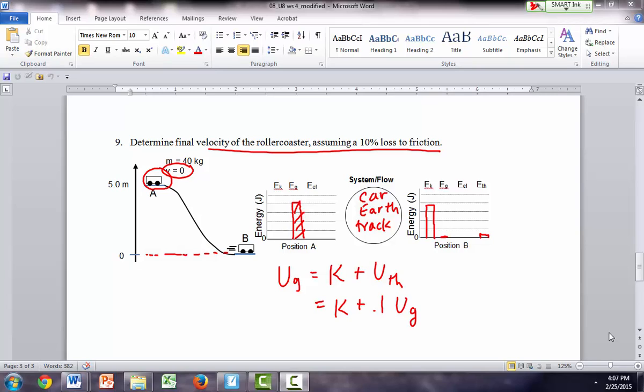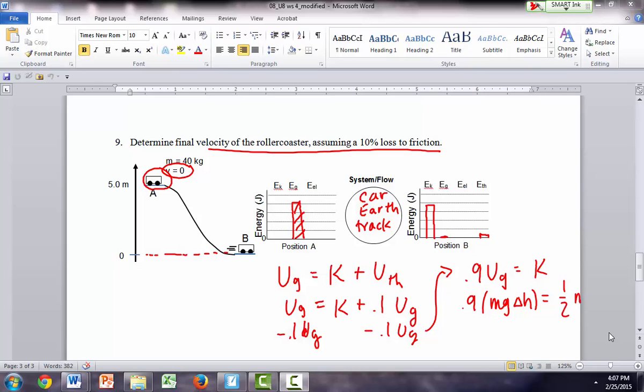And that's where I got my 90% from. If I subtract 0.1 from 1, I get 0.9 UG equals my kinetic. So 0.9 mg times my change in height equals my kinetic energy, my 1/2 mv squared.